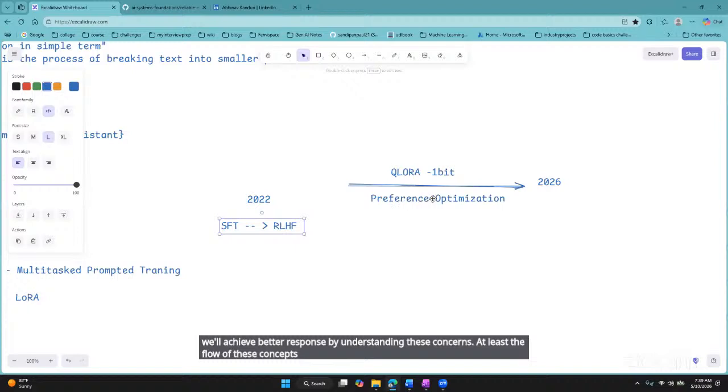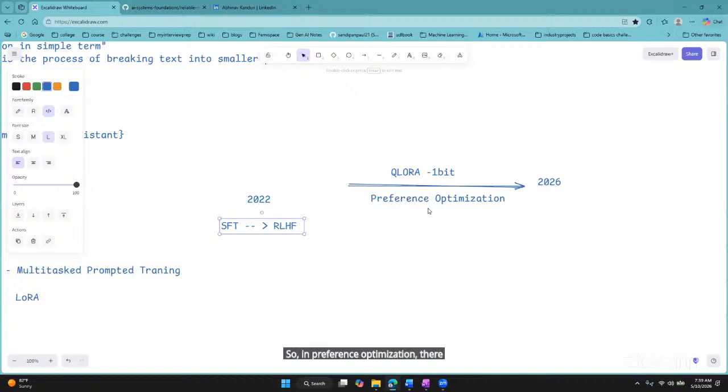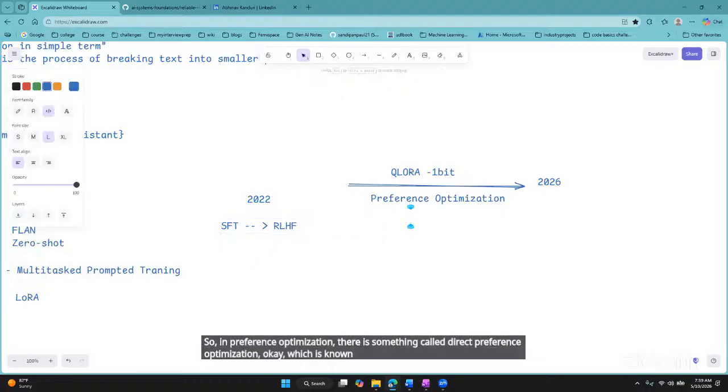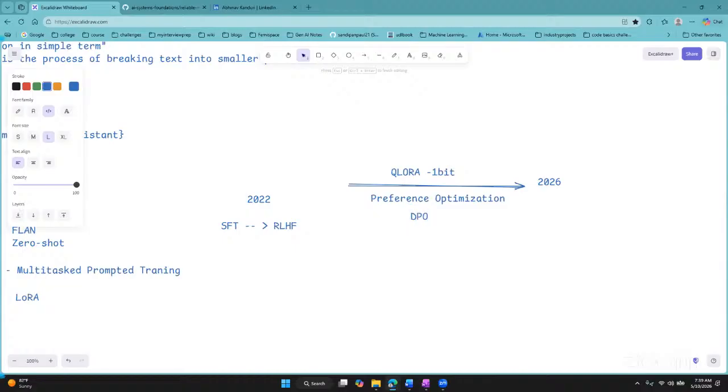In preference optimization, there is something called direct preference optimization, known as DPO. It becomes simpler for us today.